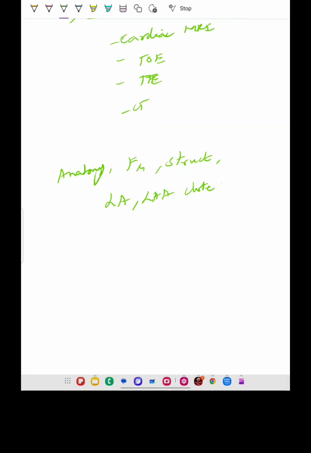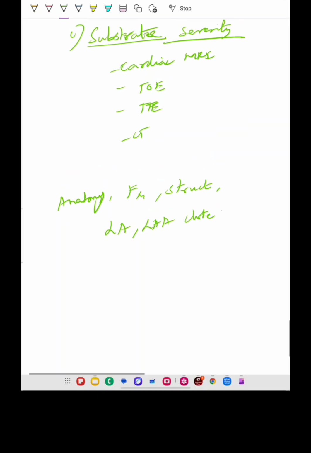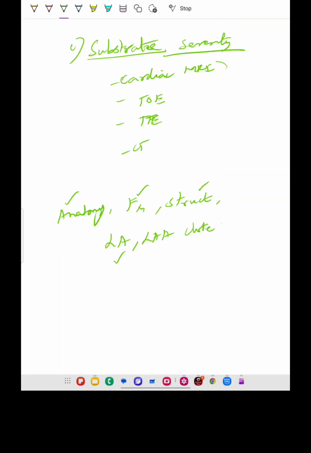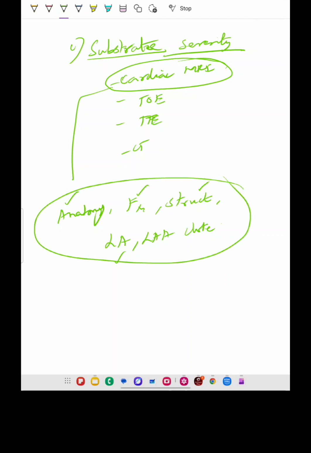All 4 parameters, that is your anatomy, functional status, structure, and presence or absence of thrombus in your left atrium or left atrial appendage, can be assessed with cardiac MRI. Hope you all have understood.